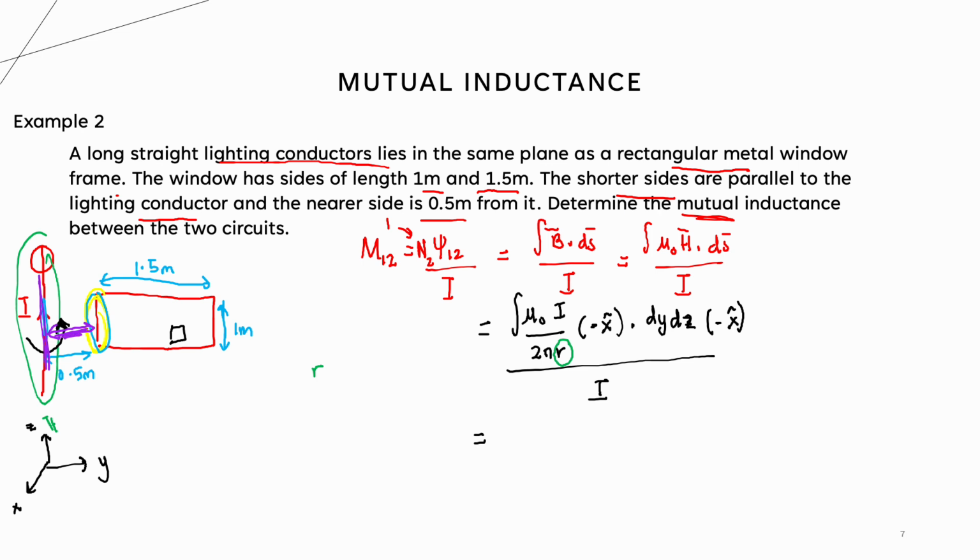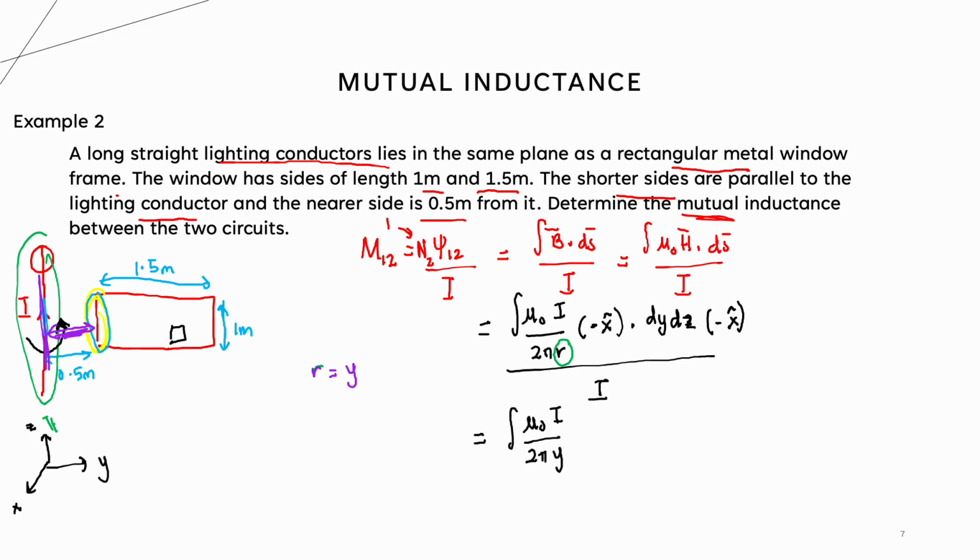It is actually separated in the y direction. So r can be rewritten as y, because our rectangular window is located somewhere in the positive y direction, right? So now in our calculation we only have Cartesian, I over 2 pi y.